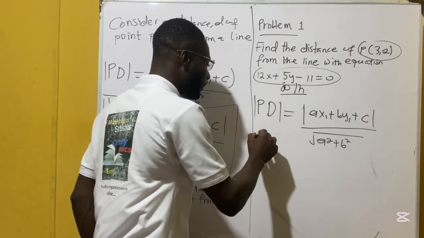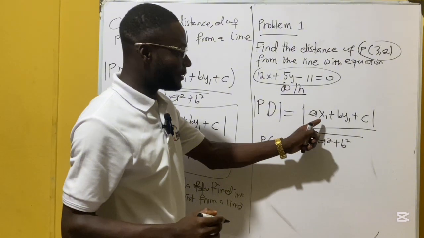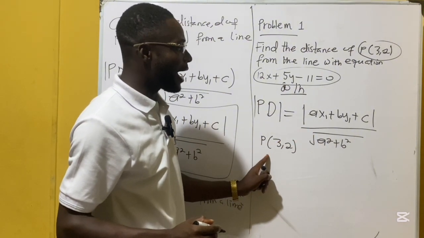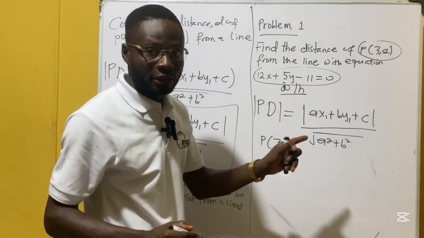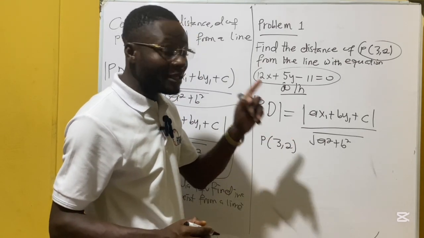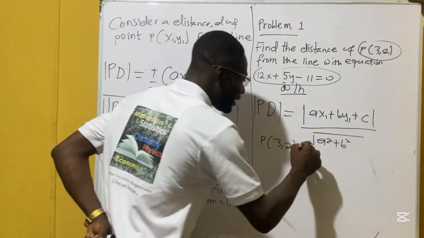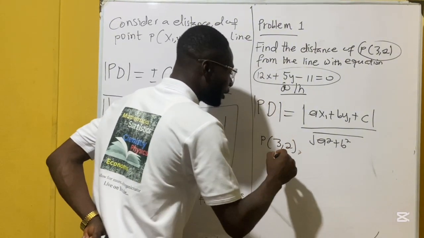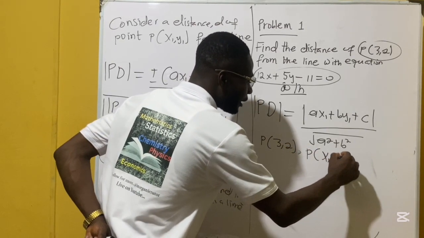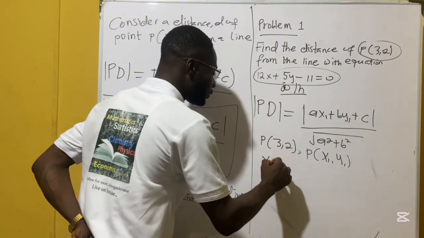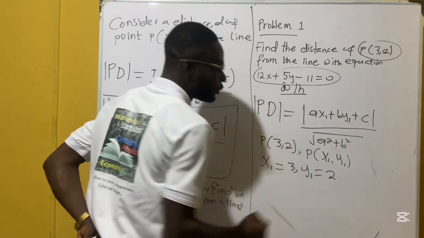From the point P of 3 and 2, we can say that those are what we call the x1 and y1, right? So x1 here is equal to 3 and y1 is equal to 2.